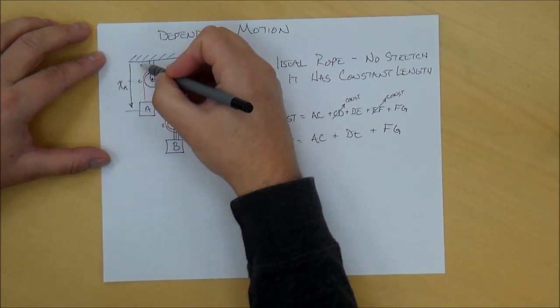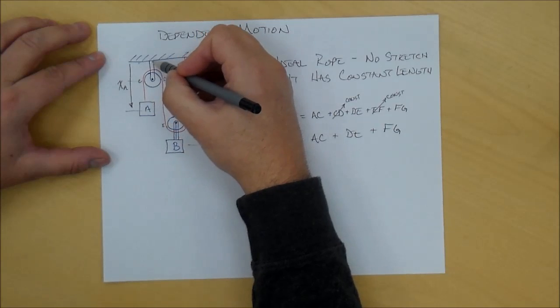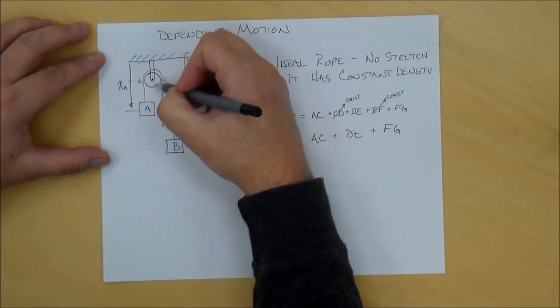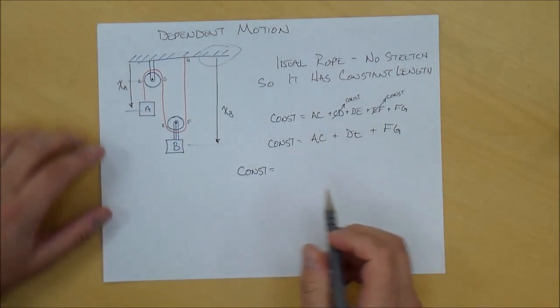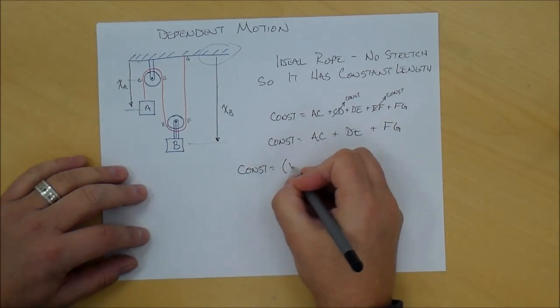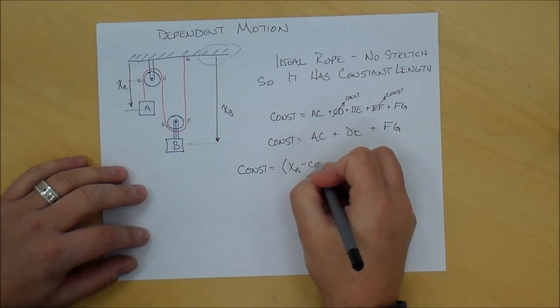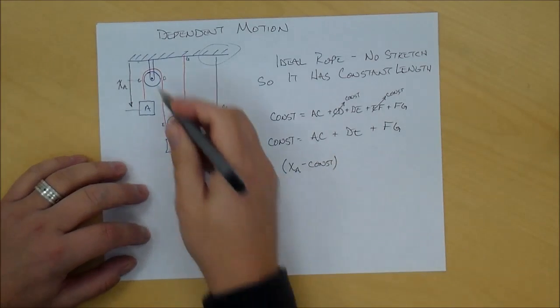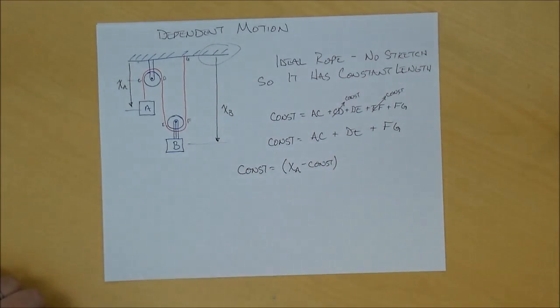But note that this distance is a constant. It's the same as the distance of this fixed arm that's holding the pulley up. So in other words, the distance from A to C is equal to x sub A minus a constant. I may not know what that constant is, but stay with me. As you'll notice in a moment, it doesn't matter.